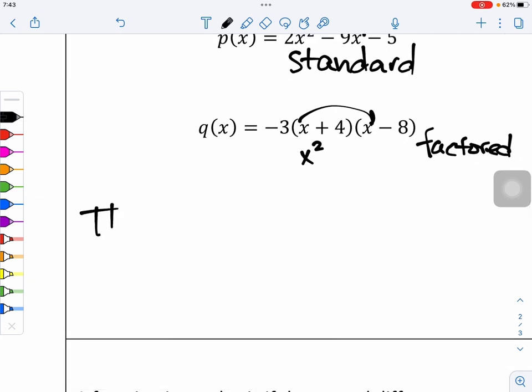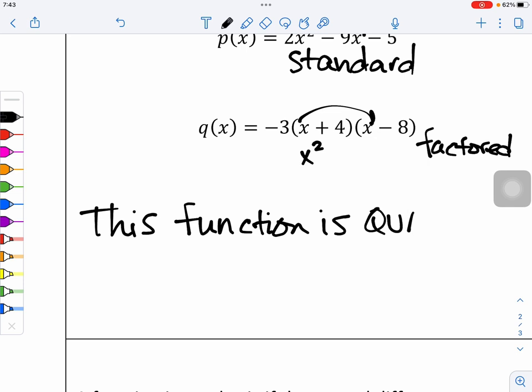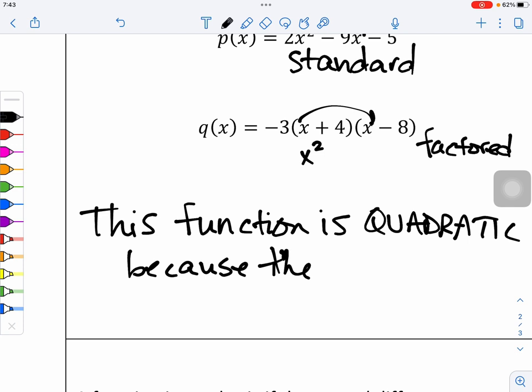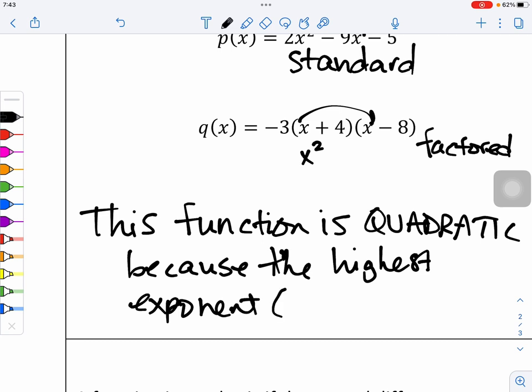So I would say this function is quadratic because the highest exponent, the degree of my function, is 2.